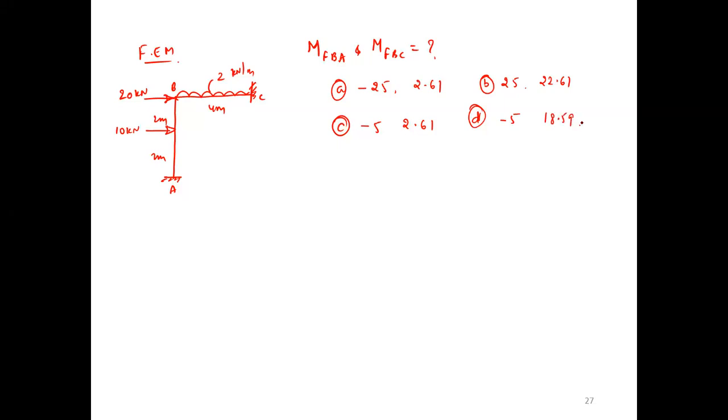Which one is right? Which one is correct? C, sir. B. Any other answers? C, sir. D. Okay. C, minus 5, 2.61, sir. Any other answers? C, sir.